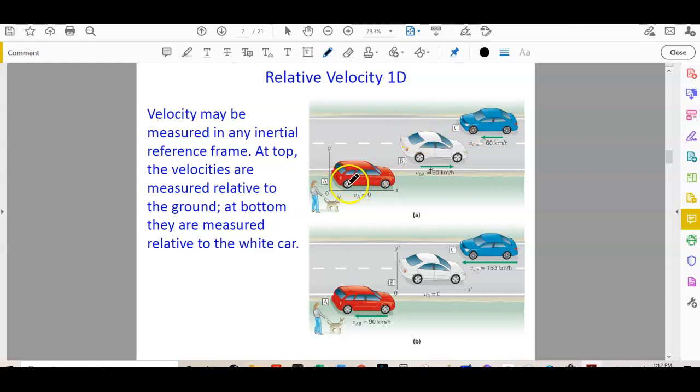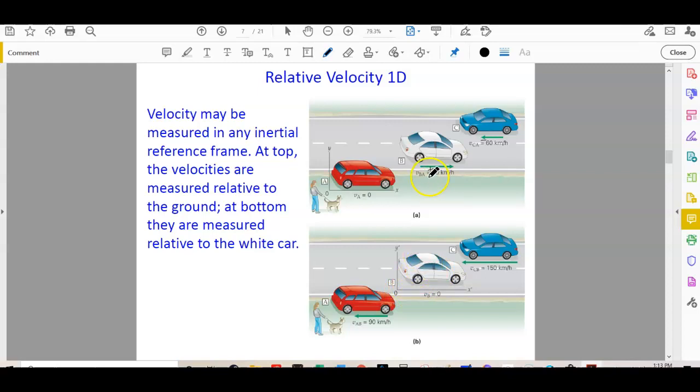So in reference to something that's not moving, these transformations are kind of easy, right? But if you make your reference frame now this blue car, so that means you're considering the blue car not moving, even though it is moving at 90 miles an hour, we're going to be considering everything else is moving relative to it.